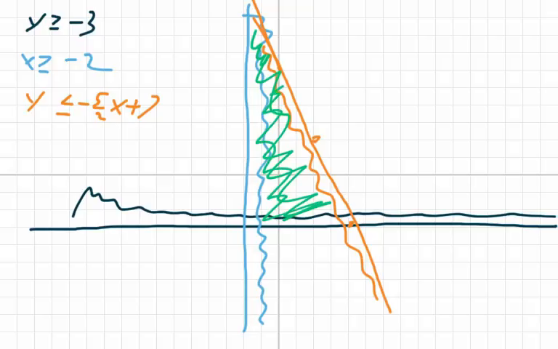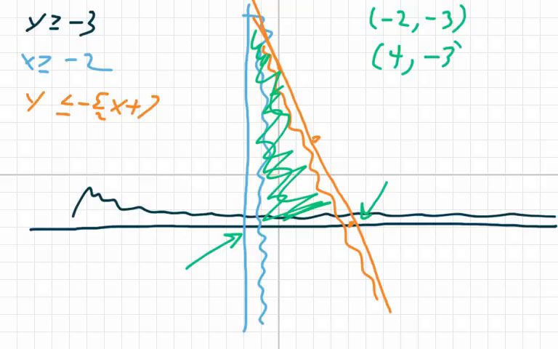So I want to name the points. The first point over here, which is the easiest one, is -2, -3. Next easiest one, because it's on my screen, is that right there where I went basically to 4, -3.